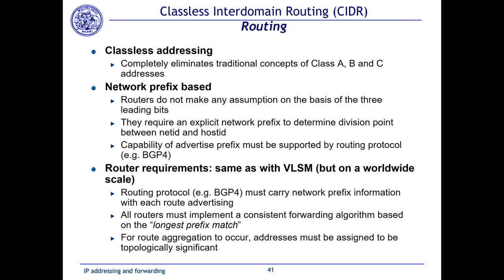Between autonomous systems, there is another protocol that is different, that is BGP. Also, BGP must support the transmission of prefix plus mask. And in fact, BGP version 4, which is the BGP currently in use, supports this feature.